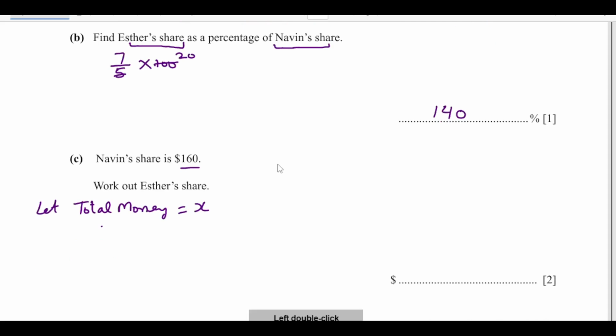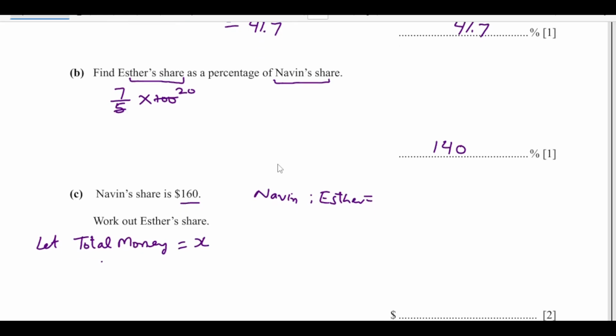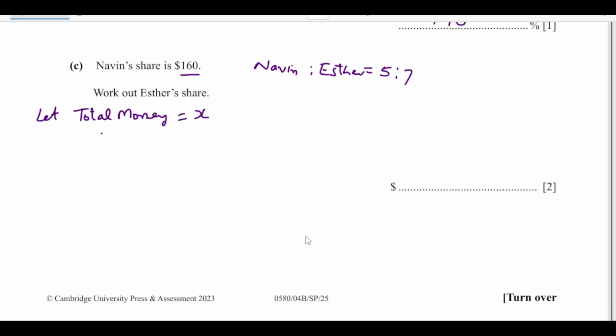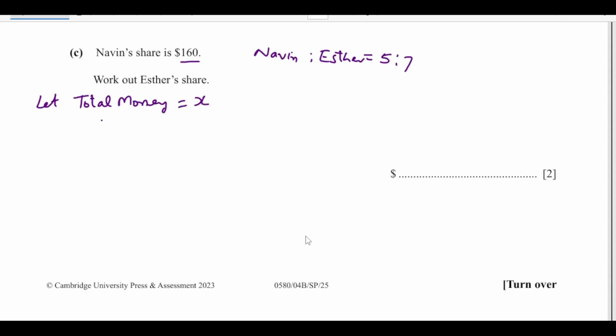Naveen's share is 5 out of 12 times X, and he has 160.